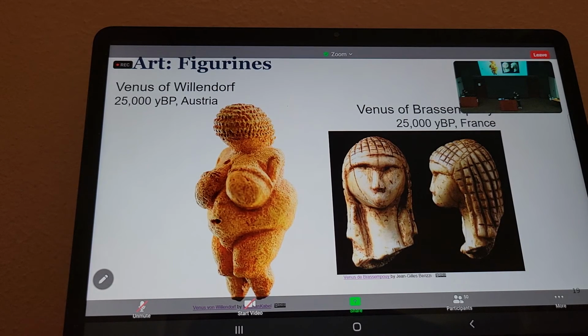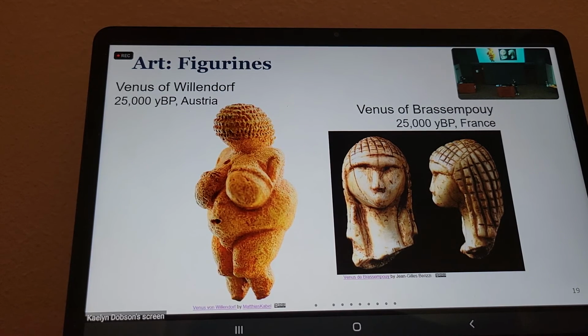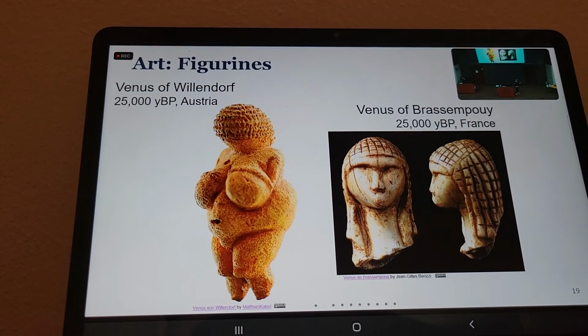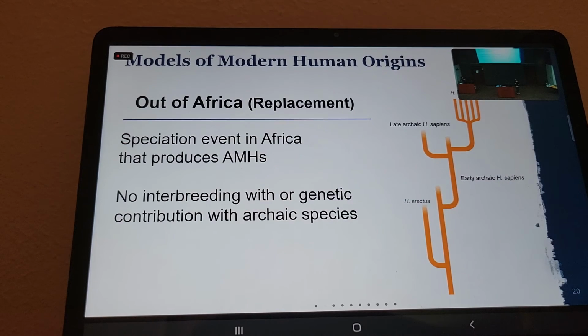The Venus on the right, that's the closest that they ever come to actually having a face. There's no actual facial features except the hint of the eyes and the nose, and that's as close as it gets. So they're clearly symbolic, not representing specific individuals.